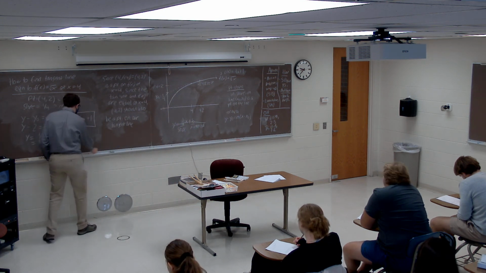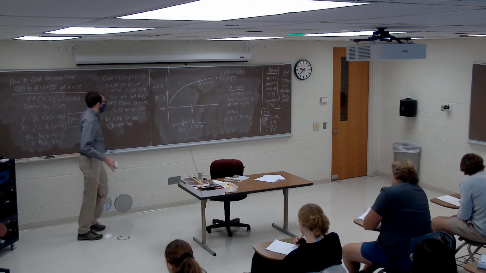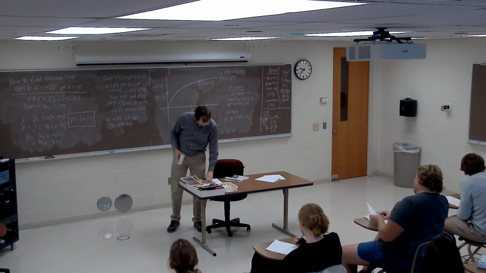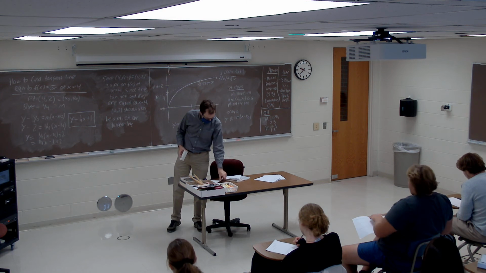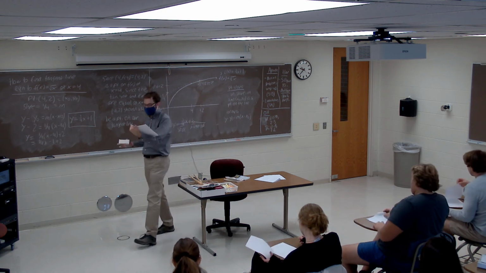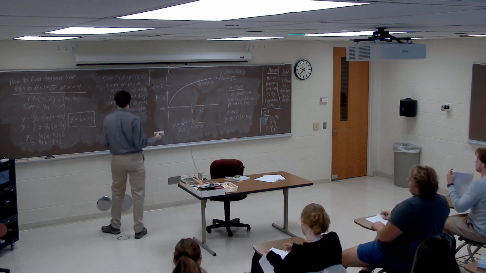So before we actually approximate what square root of 4.2 is, I want to give us a definition, which is the idea of linearization. Scary L word I've written on the board.